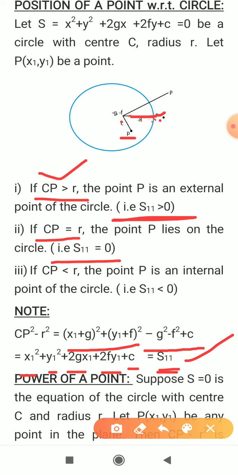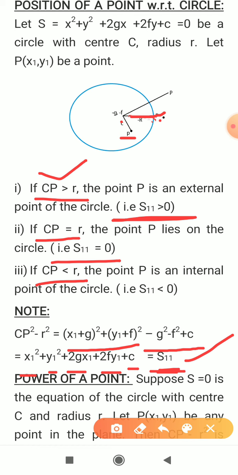In the same manner, CP less than R, squaring on both sides, CP square less than R square. Subtract R square on both sides, CP square minus R square less than 0. But CP square minus R square we already found is S11. So S11 less than 0.